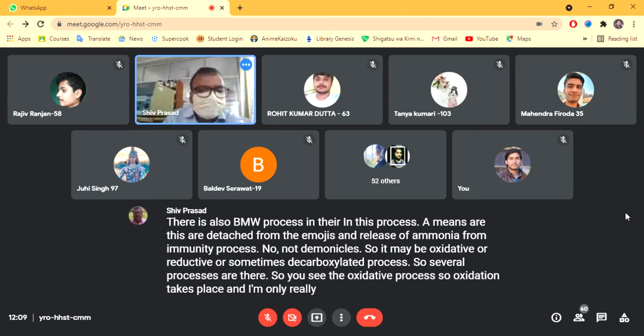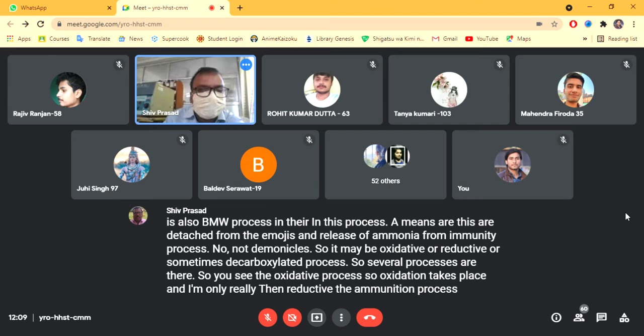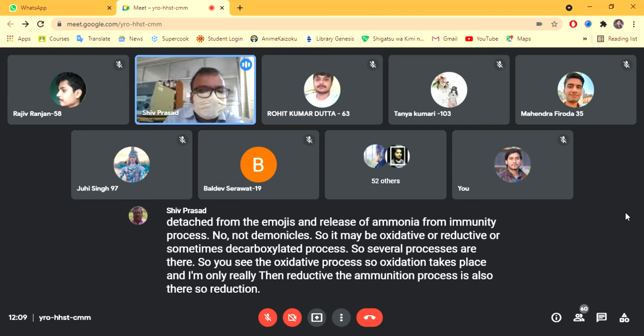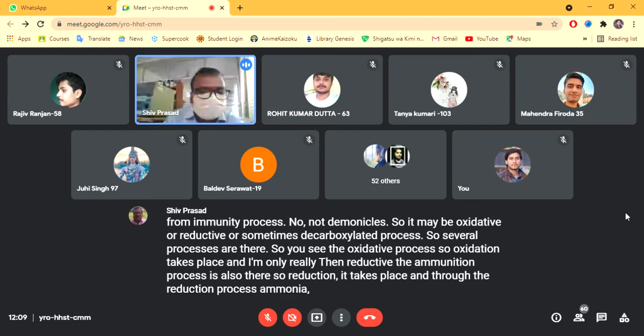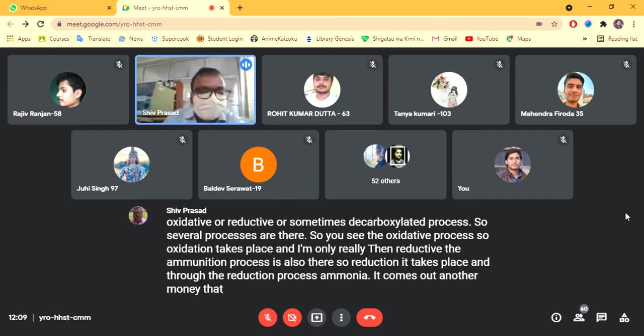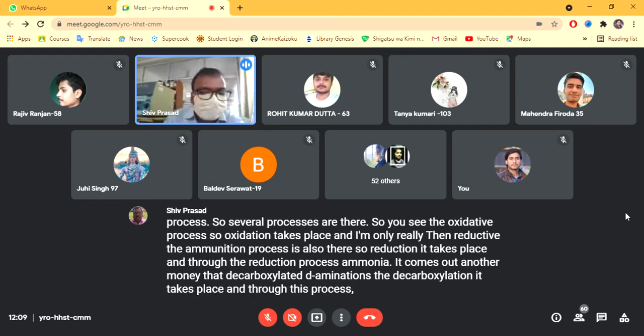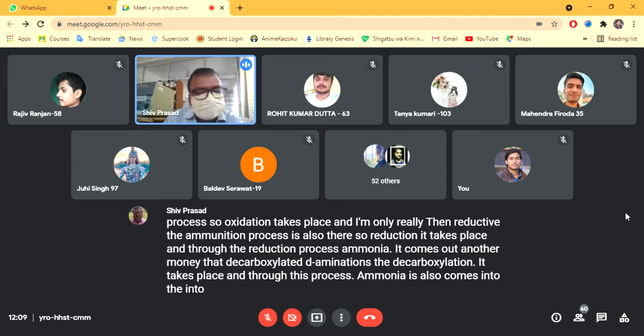Then the reductive deamination process is also there: reduction takes place, and through the reduction process ammonia comes out. Another one is decarboxylative deamination: decarboxylation takes place, and through this process ammonia also comes into the system. So these are three processes by which ammonification takes place.